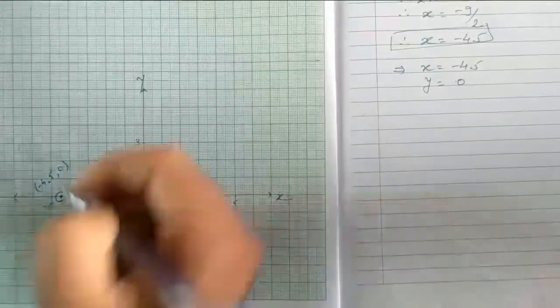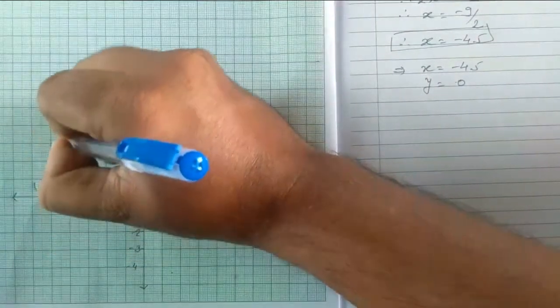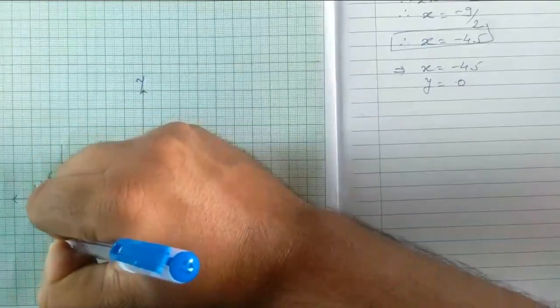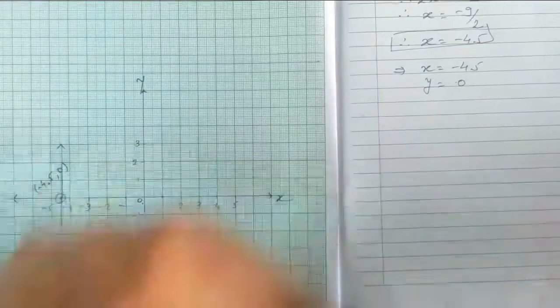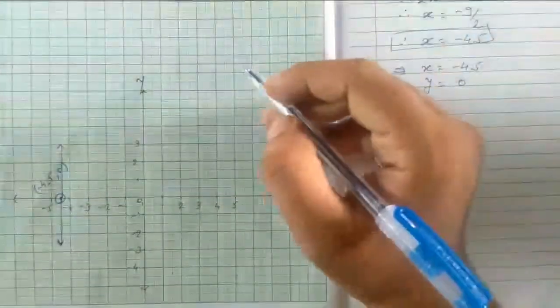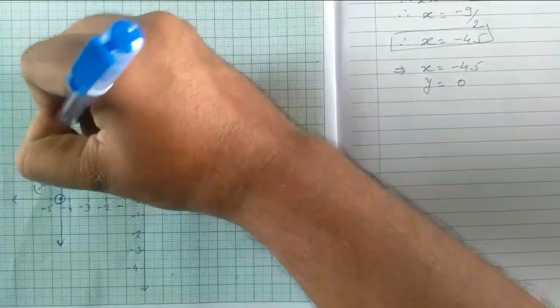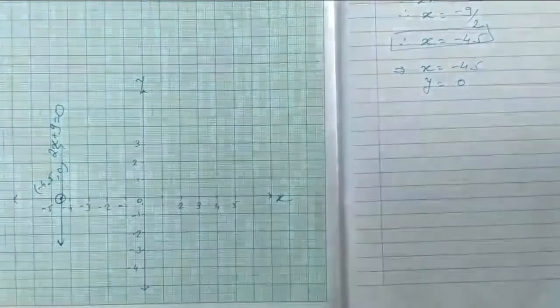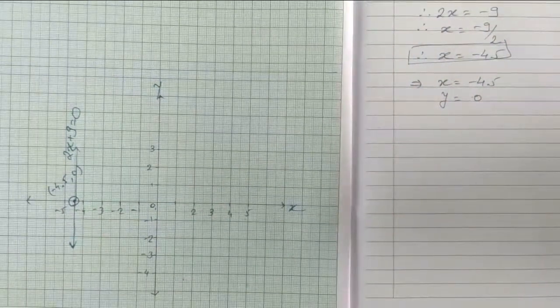We can draw our line, which will be parallel to the y-axis, and we can write our equation 2x plus 9 is equal to 0. So this is the solution of our second part.